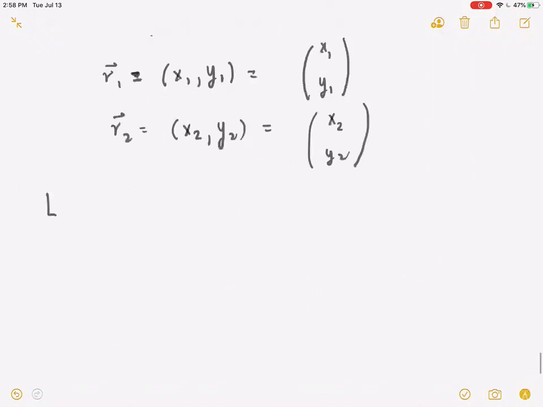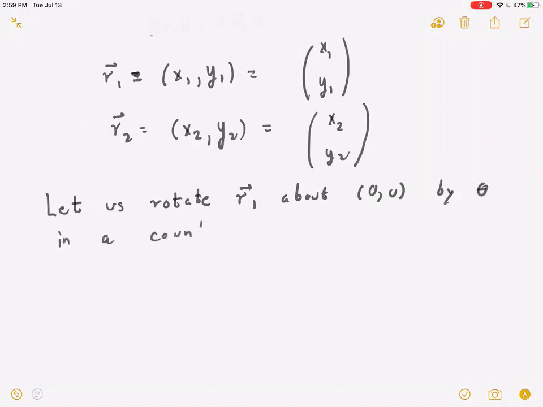And so let me write down exactly what we're doing. What we want to do in this problem is rotate R1 about the origin by some angle theta in a counterclockwise direction.